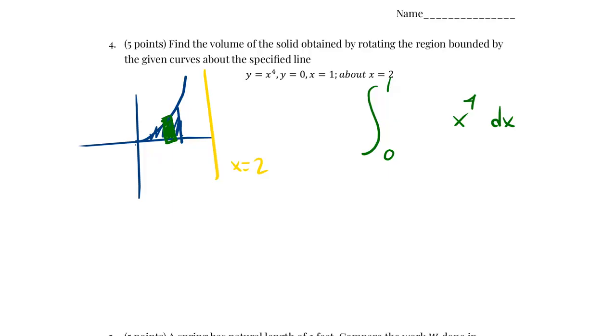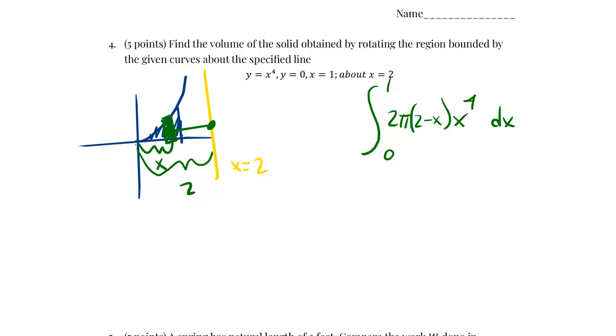But then we have that 2 pi r. 2 pi, the radius is the distance from this to my rectangle. Well, if this part right here is always my x, and this part right here is my 2, that radius is 2 minus x. Chris, there's your setup.